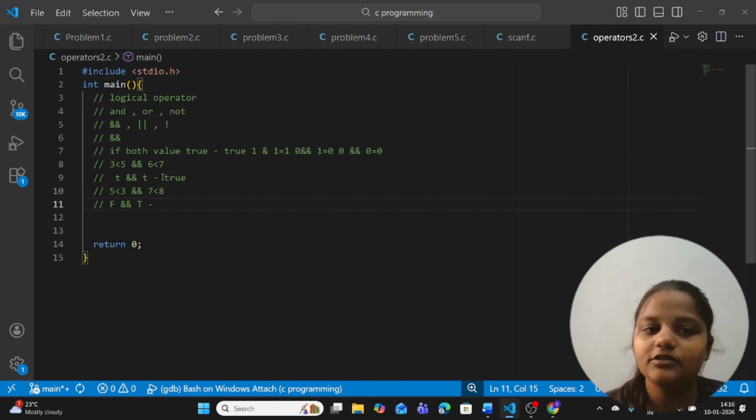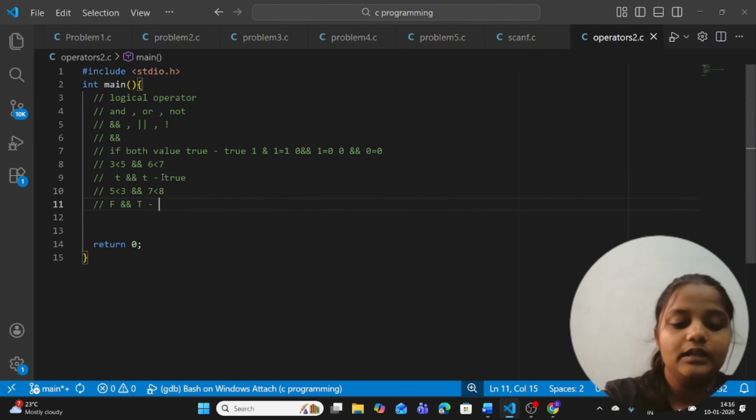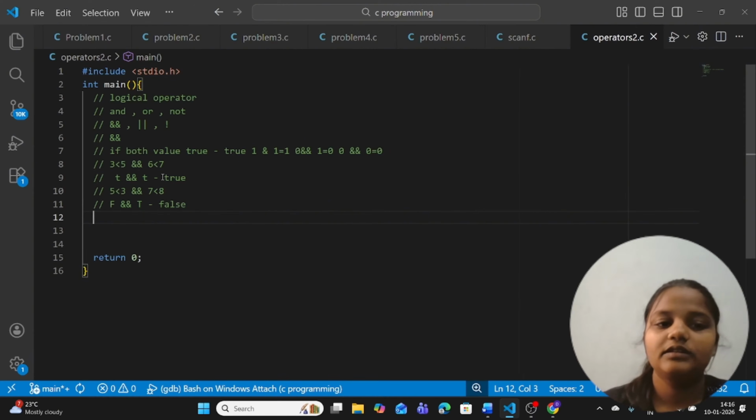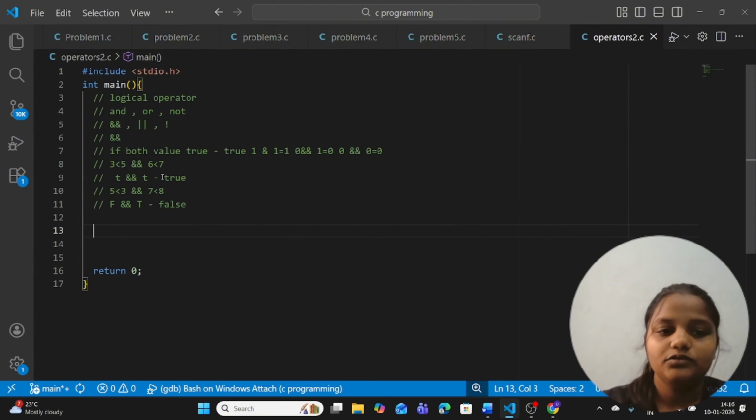If both values are true only, then the output will be true. If even one value is false, then the output will be false, right? We will see this in programs. Just understand what this logical operator is. So this is the basics of the AND operator. We use two ampersand symbols for AND, and only if both values are true, the output will be true. If a single value is false, then the output will be false.